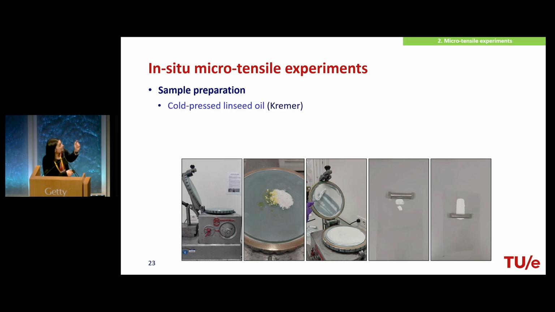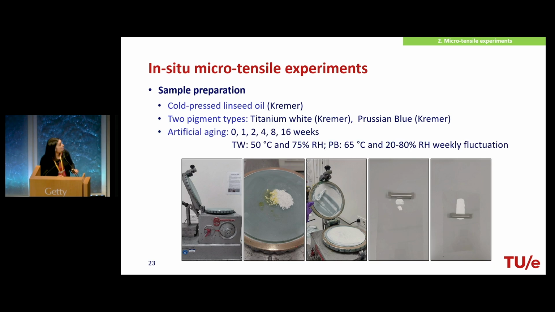We used cold pressed linseed oil, and we have two reference pigment types: titanium white, chosen just as a benchmark material with no particular reason, plus the Prussian blue samples that Susanne prepared for her project, which we will also use as a benchmark for testing. We subjected these samples to artificial aging by controlling the temperature and relative humidity, at slightly different values for the two classes of samples.